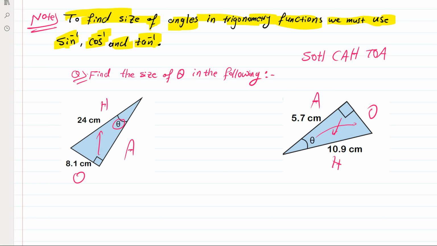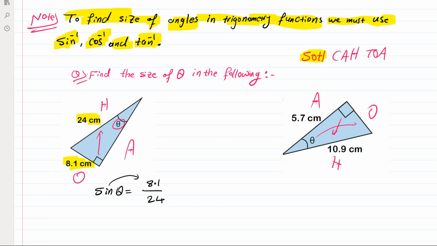All right, now let's figure out which one we should use. Here, opposite and hypotenuse are given. So which one do we use? It contains O and H, so we use sine. Excellent. So we say sine theta equals O over H, so 8.1 over 24. We should find only theta, so we should use sine inverse.